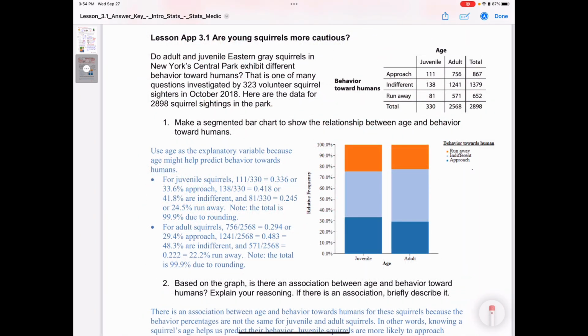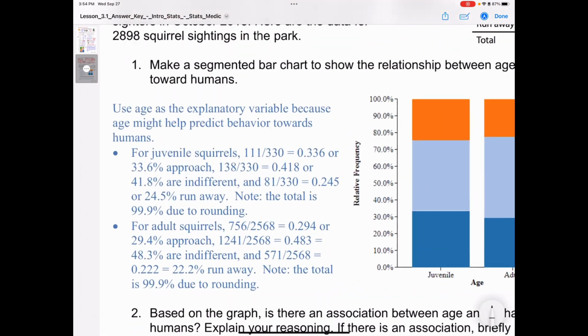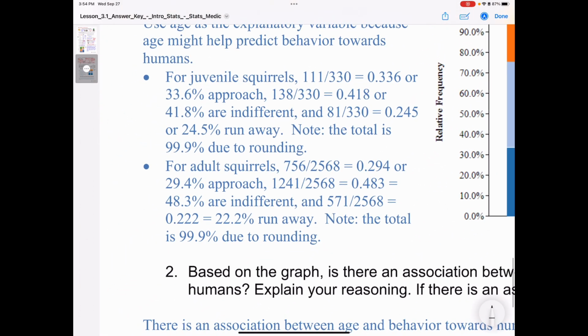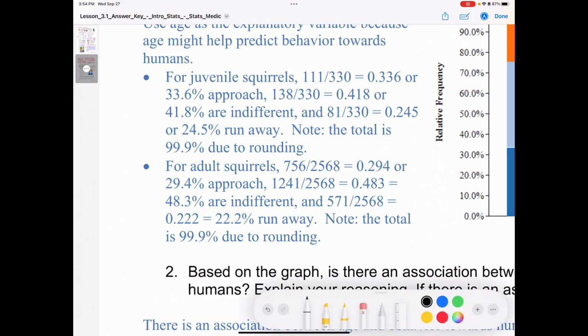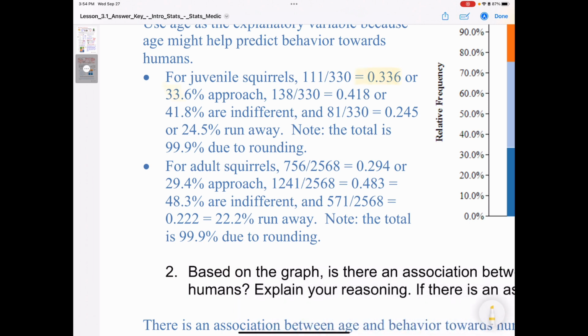Make a segmented bar graph to show the relationship between age and behavior of squirrels. Now, be careful with this. Let's look at the percentages first, and I'm just going to color code them. For juvenile squirrels, I get 33% approaches versus 29.4%.